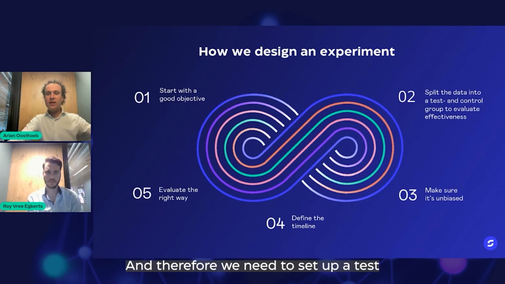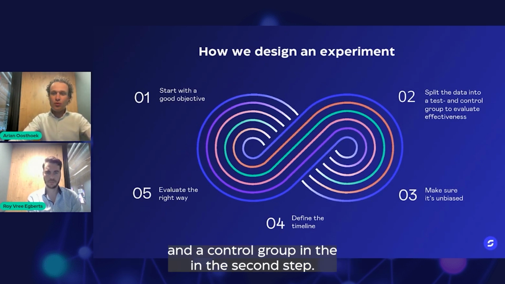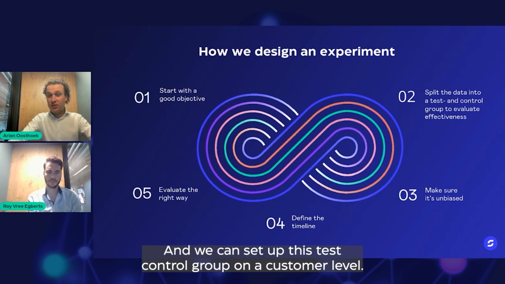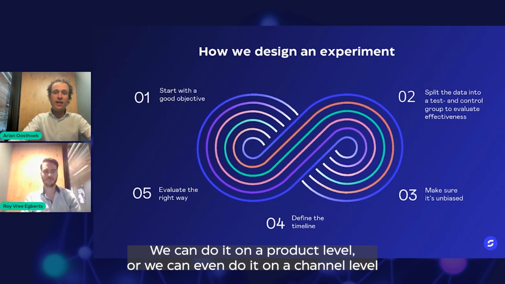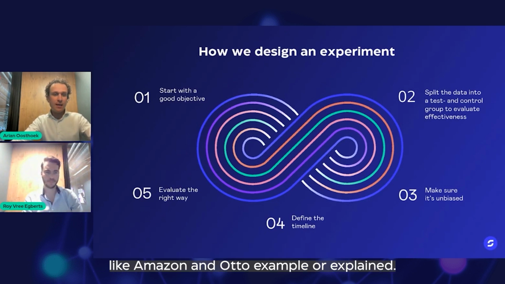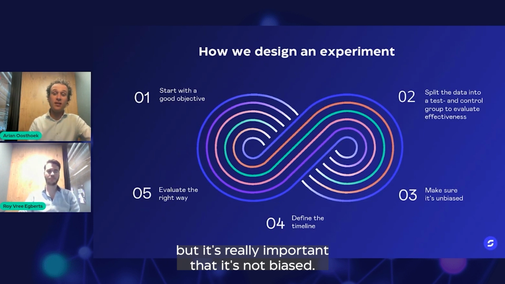But we also need to evaluate in the right way in the end. And therefore, we need to set up a test and a control group in the second step. We can set up this test and control group on a customer level, on a product level, or even on a channel level, like the Amazon and Otto example Roy explained. But it's really important that it's not biased.